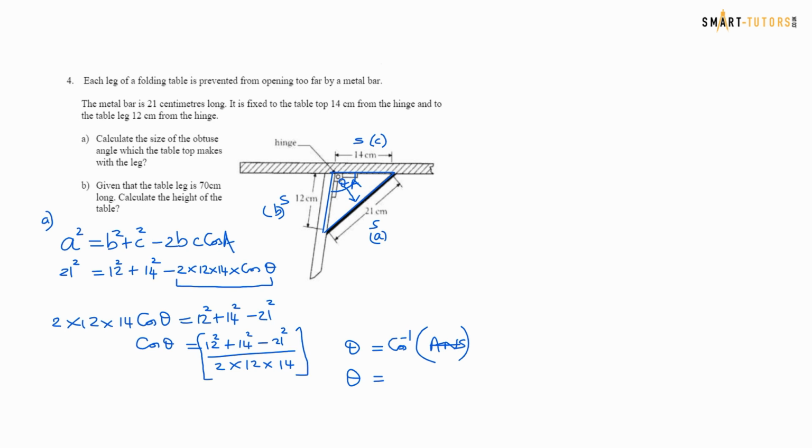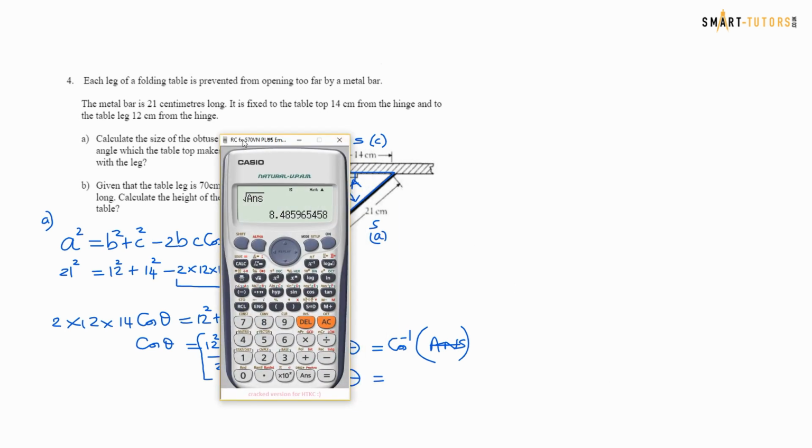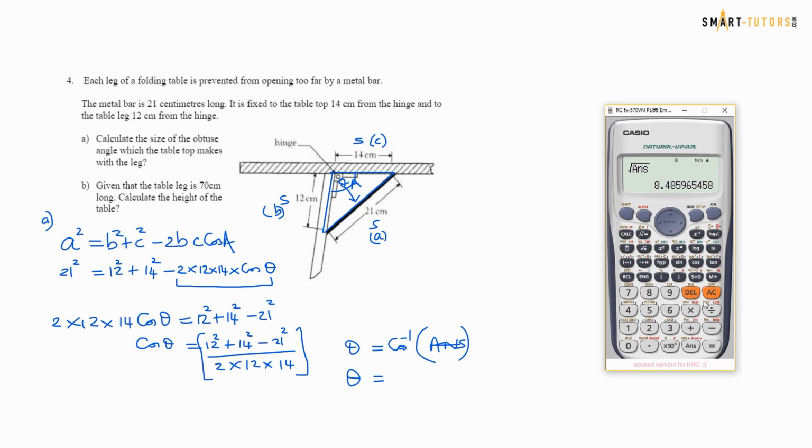Let's use the calculator and quickly work out the answer. Right, okay, so I'm going to put this in straight away. Because I don't want to do this separately and then take a cos, I'm going to put cos inverse straight away, fraction, 12 squared plus 14 squared minus 21 squared, and 2 times 12 times 14, and close the brackets.